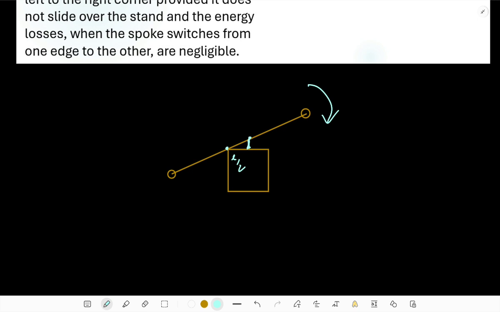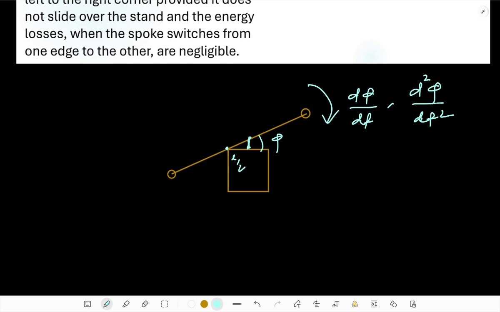So that's right. That means phi naught has changed, and now the angle becomes something like phi. So its angular velocity can be written as d phi by dt, and if it has some angular acceleration, we can write it like this: d2 phi upon dt square. Now what?